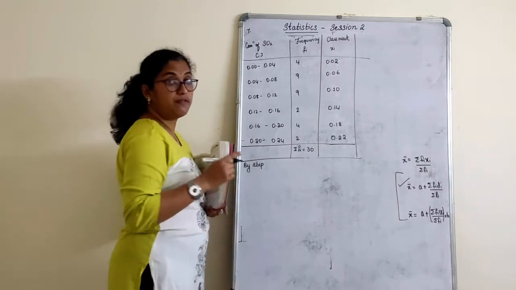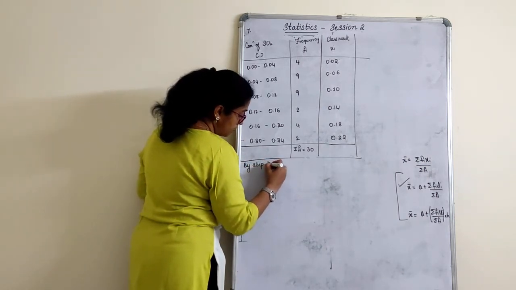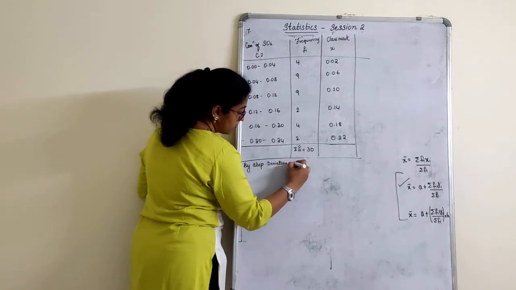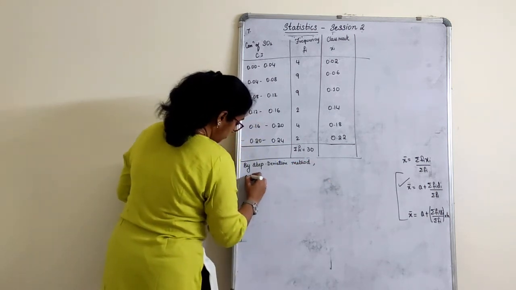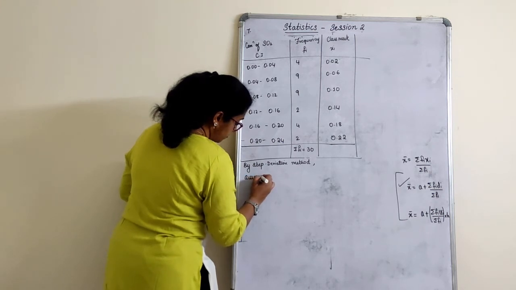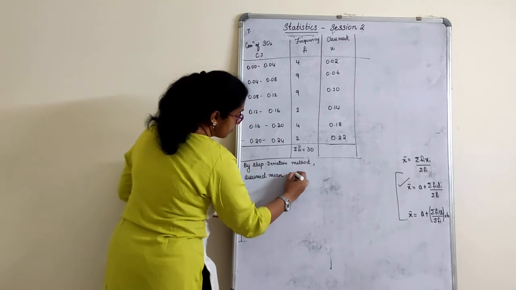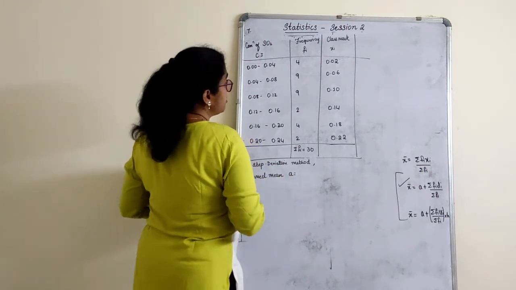Let us find the assumed mean first. By the step deviation method we choose. You need to mention which method you are choosing always. Assumed mean A is equal to, so now just look here.